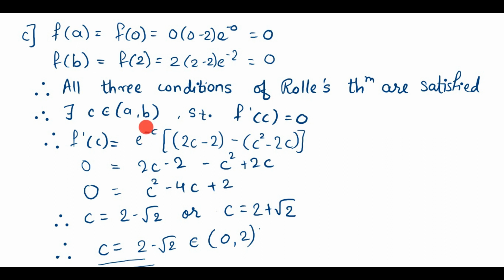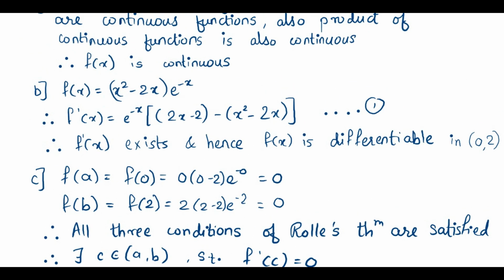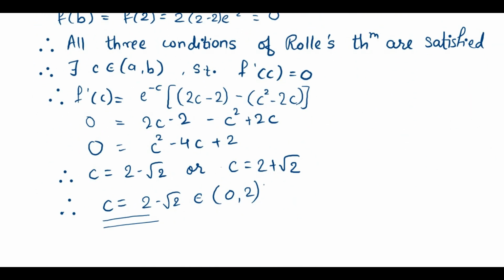Therefore there exists at least a point c which lies between a and b such that f'(c) is equal to 0. Now here we found f'(x), so instead of x we just put c and find the value of c.